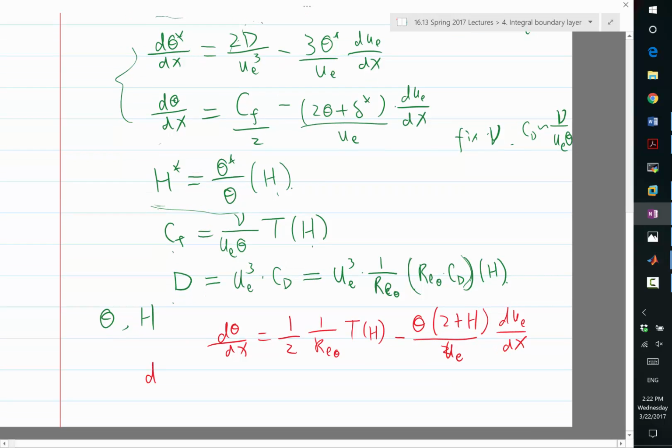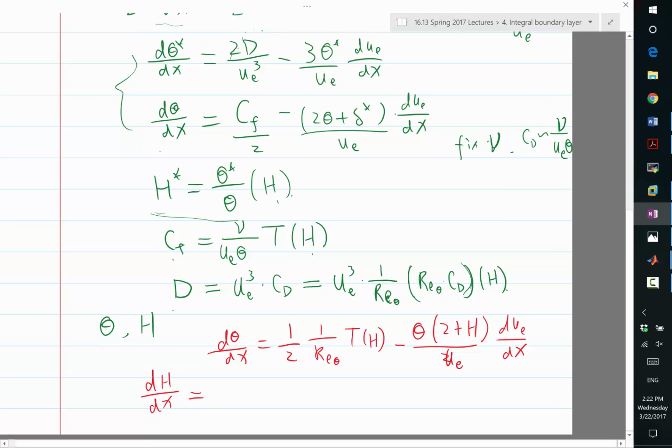And then again, we're going to have an equation for H. So dH dx is going to be, first of all, we want to translate it into an equation for H star. Because we have a model relationship between H star and H, this is going to be dH star dH times dH star dx, right?